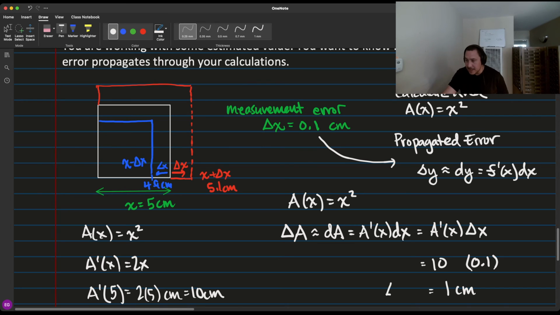That means the propagated error, or the error I might have in my measurement, this is centimeters times centimeters, so centimeters squared.